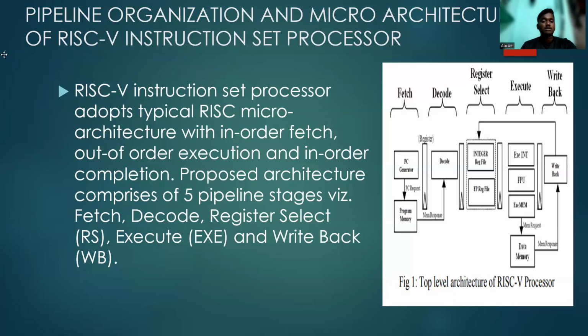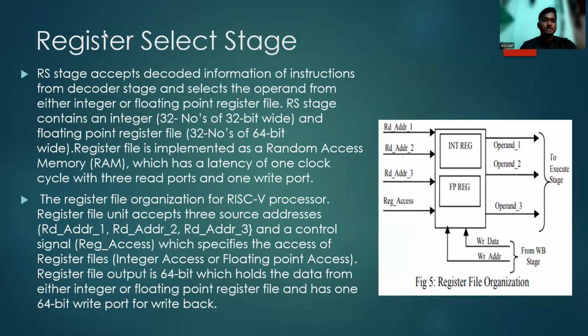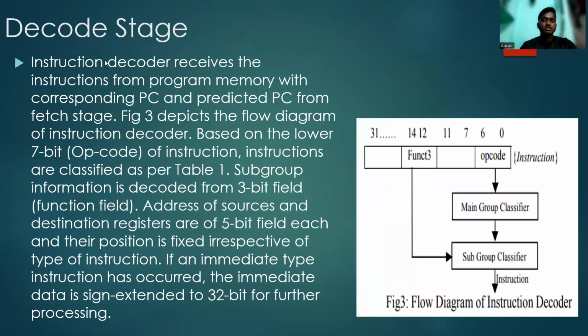These are the 5 pipeline stages. In the figure, the top level architecture of RISC processor: fetcher, decoder, register select, execute, and write back. Register select stage.